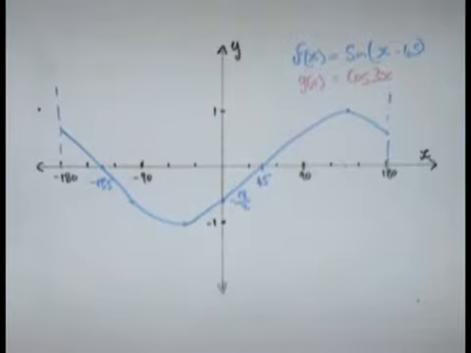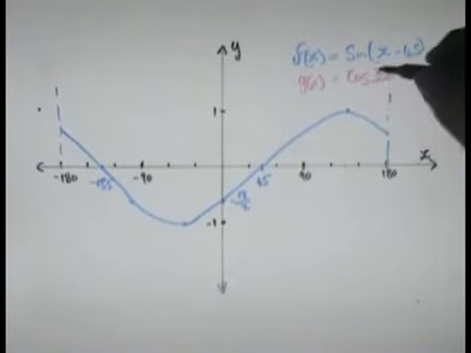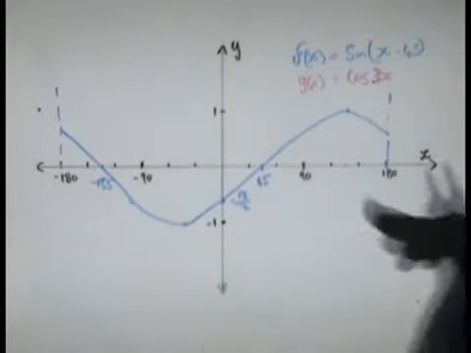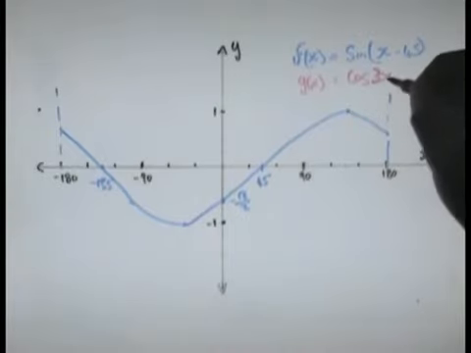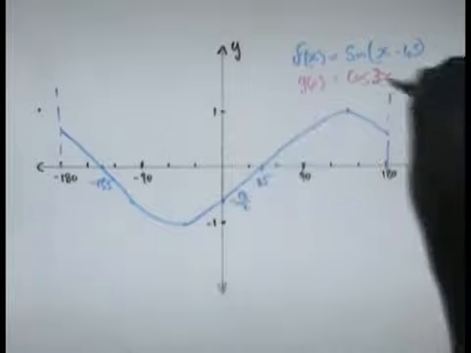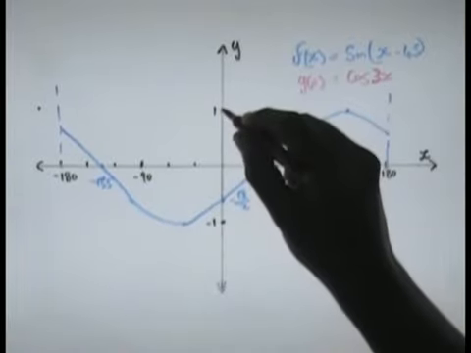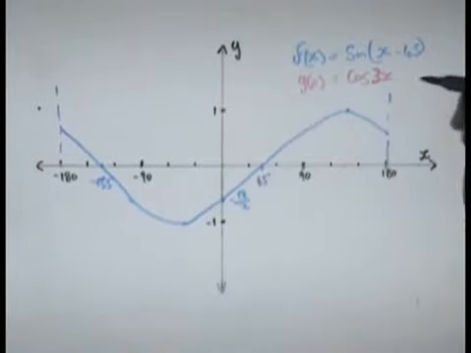The next graph, g of x, is going to look at the standard cos graph, except it's 3 times as big, or rather 3 times compressed. So it's cos of 3x. When x is equal to 0, cos of 0 is 1, so that point is fine.